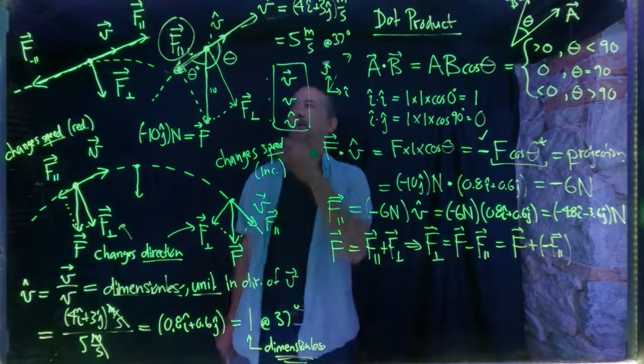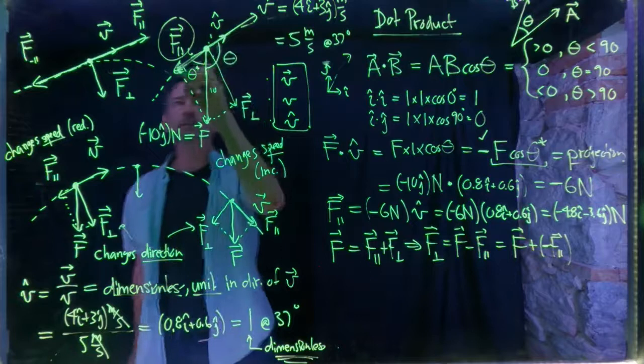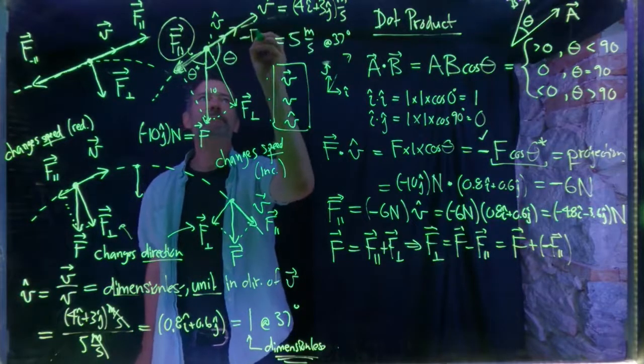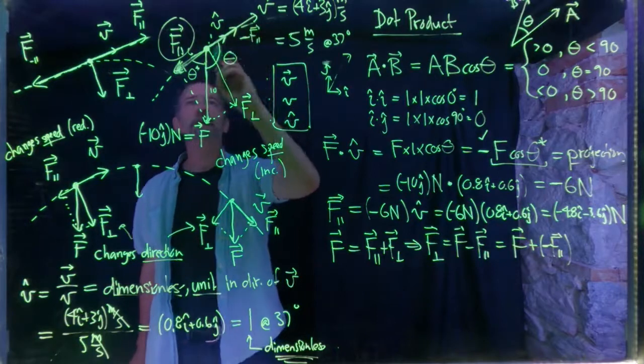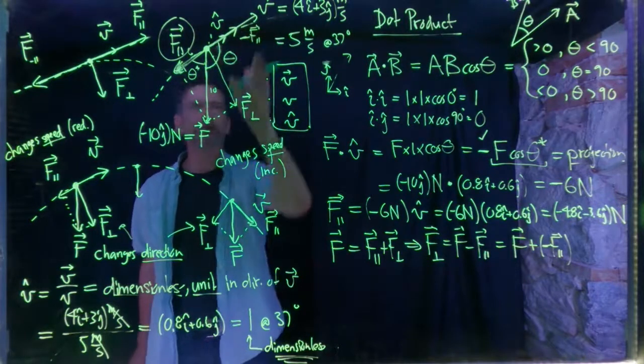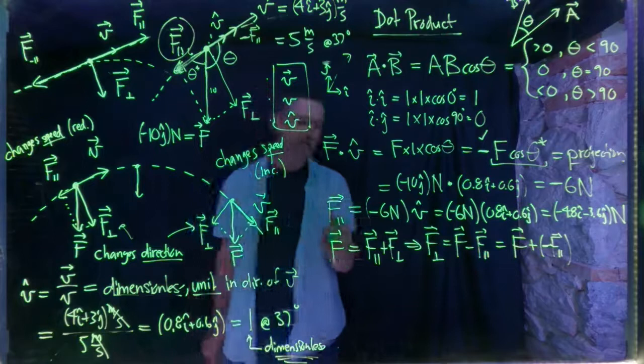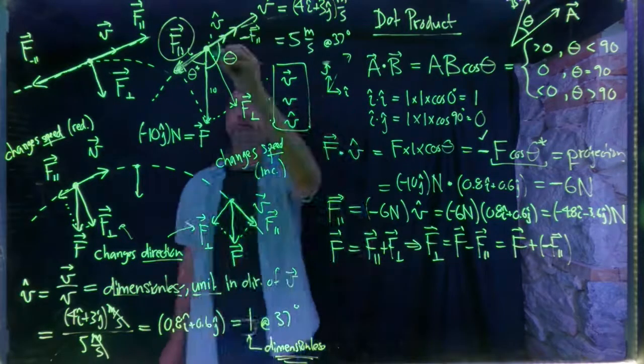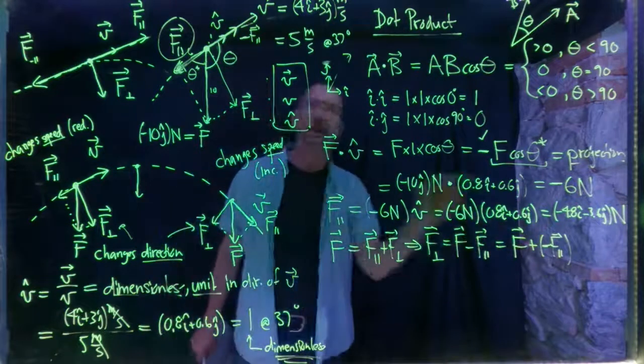Okay, so let's go back to our diagram. This is F parallel. This is the negative of F parallel. It's of exactly the same magnitude, but exactly the opposite direction. And so what this says is to calculate F perpendicular, we need to start with F and add the negative of F parallel.